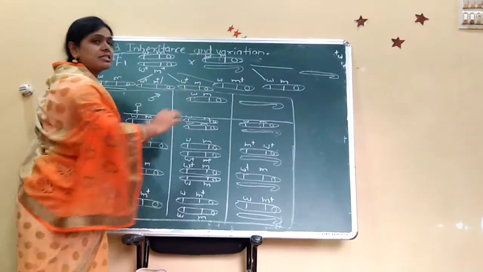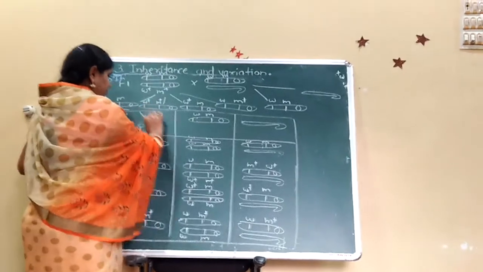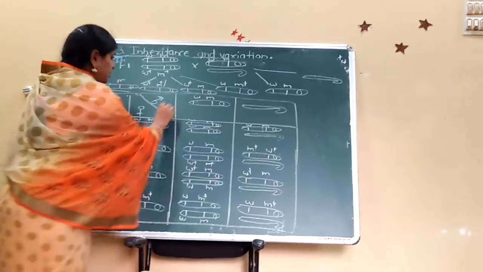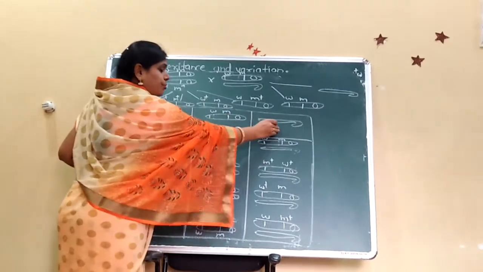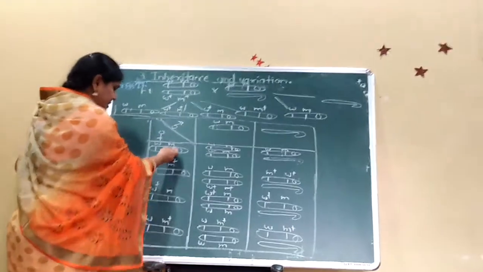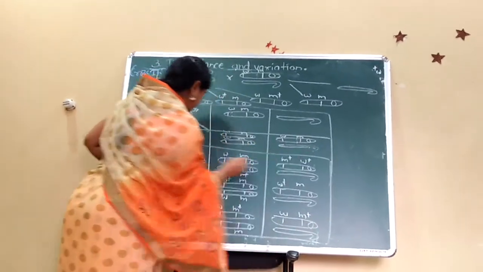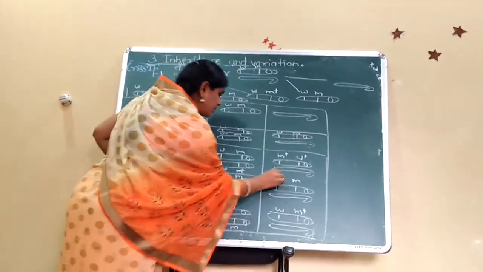When these gametes are fused, the male gametes fuse with the female gametes. There are two male gametes and four female gametes. These are the fusions of these gametes.